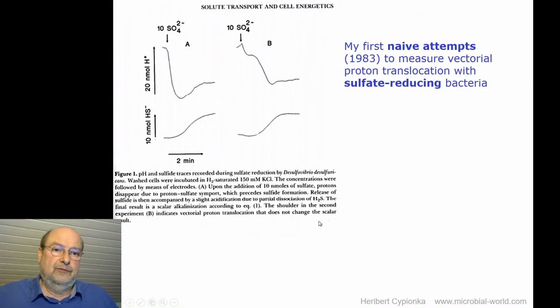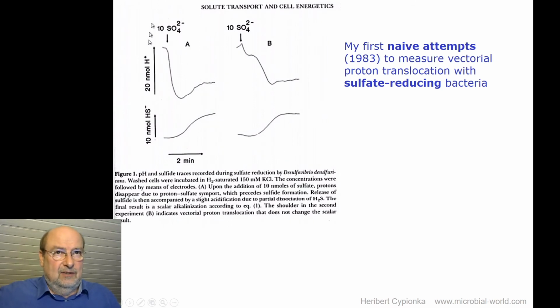Yeah, I have to come to the sulfate reducers, and this now becomes a little bit more complicated. I'm sorry for that. When I went from Amsterdam to Konstanz to the group of Norbert Pfennig, I had a free decision what to do, and I decided, oh, okay, I just learned how to measure proton translocation. Let's try this with the sulfate-reducing bacteria as well.